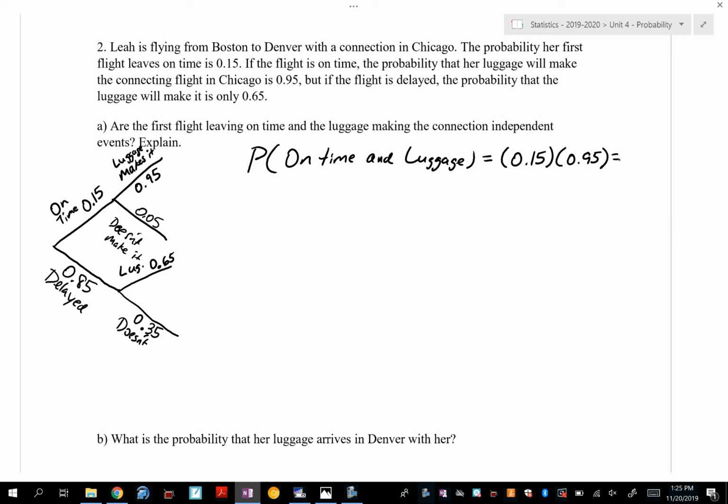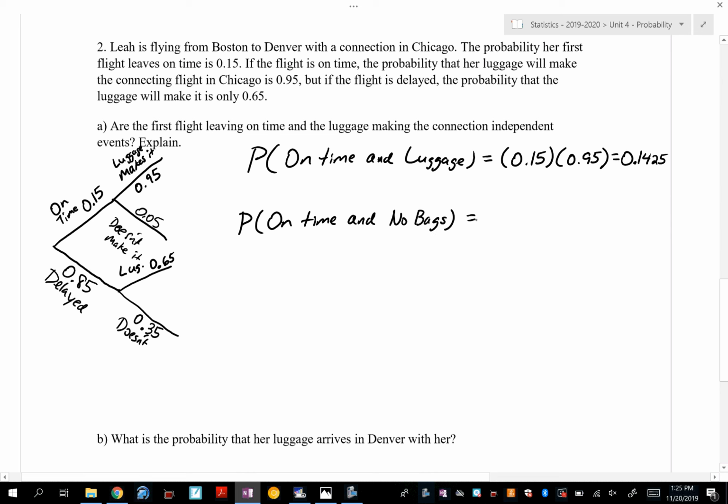Wake up! Okay, so David, 0.15 times 0.95? 0.1425. Okay, everybody good with that? Now I'm going to fill out the rest of the tree diagram, which is the probability of on time and no bags.